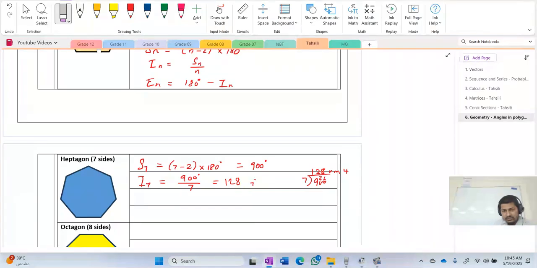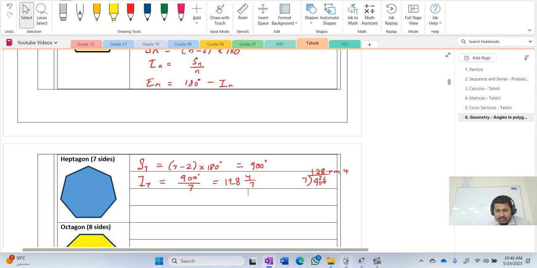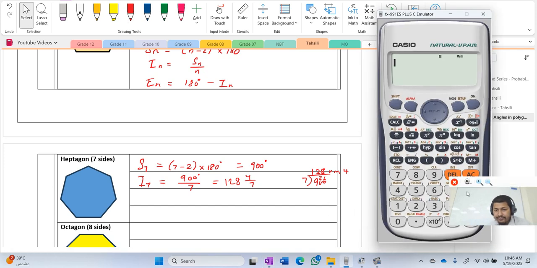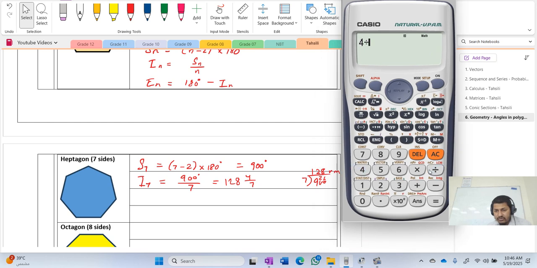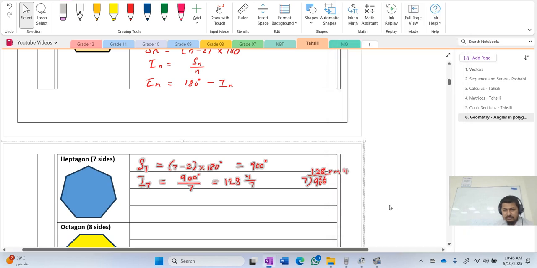Let's just check. Obviously you're not allowed to use a calculator, so you should get easy numbers. 4 divided by 7 is approximately 0.6, so I was correct. So that's approximately 128.6 degrees.